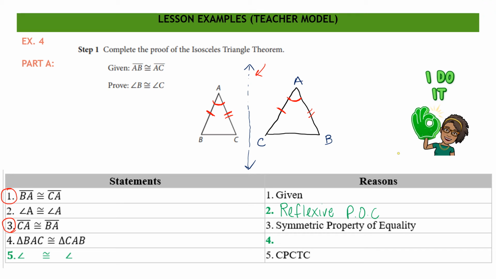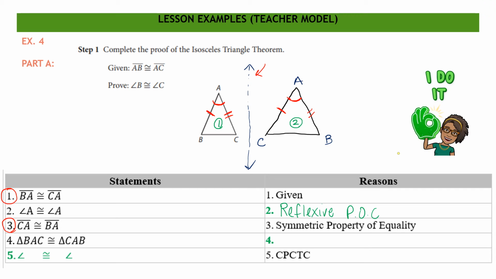The third statement says that we have triangle BAC, which is triangle number 1 here, is congruent to triangle CAB, which is triangle number 2 here. And they want us to give a reason of why these two triangles are congruent. Well, if I think back to the triangle congruency postulates and theorems that I had for the shortcuts, I noticed that both triangles have two corresponding sides that are congruent, and they also have one corresponding angle that's congruent.